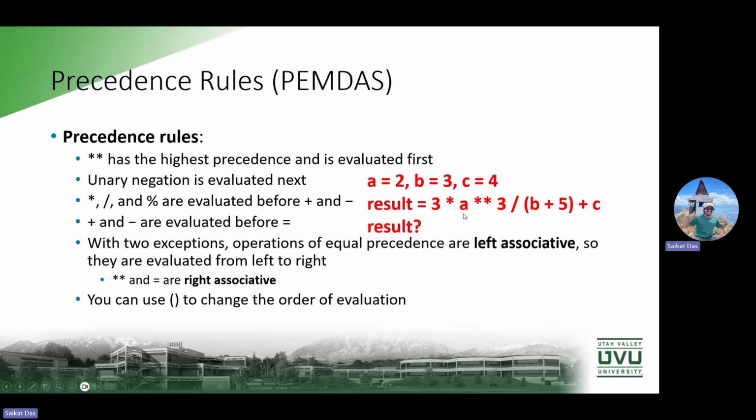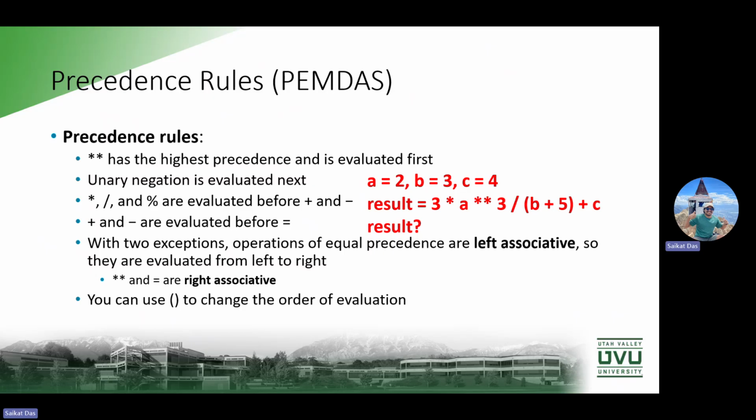What is the answer of this one? 3 multiply A to the power of 3, that means exponential, divided by B plus 5, then plus C. What are the values of A, B, C? 2, 3, 4. Instead of A, I'm writing 2, B 3, C 4. There's a division by B plus 5.